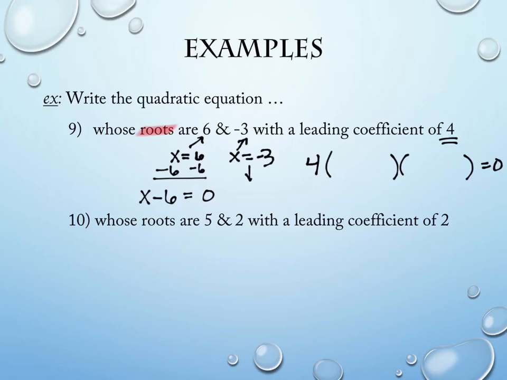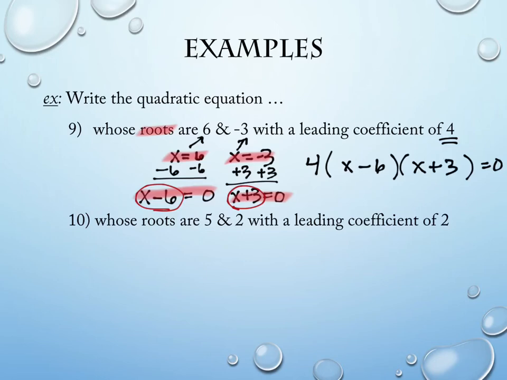The same thing happens here if I were to shift it. Actually, I'll show it on this one. I have x plus 3 is equal to 0. So again, these two pieces are what's necessary to get to the point where I'm going. And then I take each of these pieces here and here, and they go inside the set of parentheses over here. Right, it was minus 6, sorry. x plus 3.